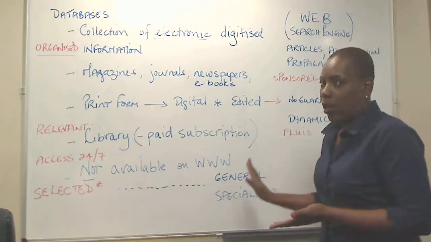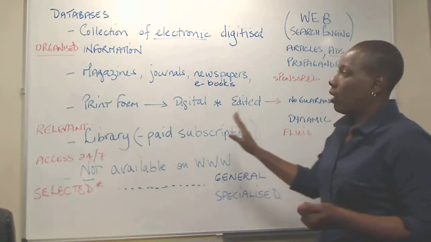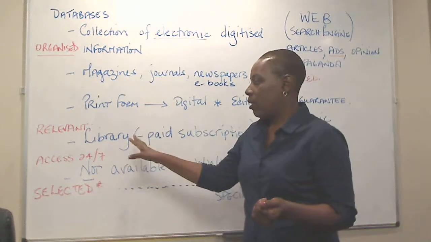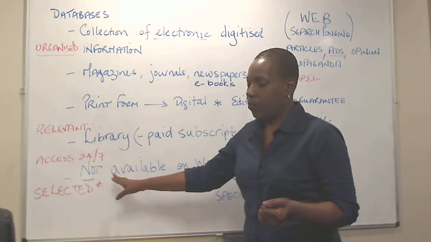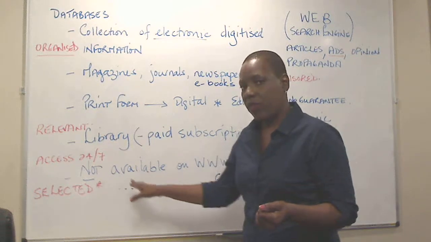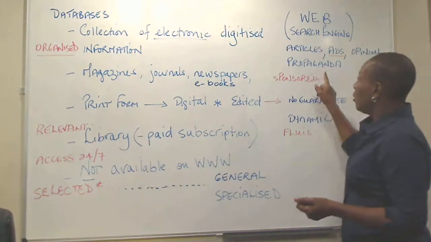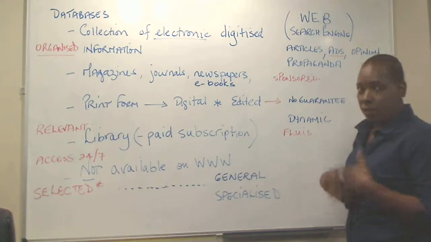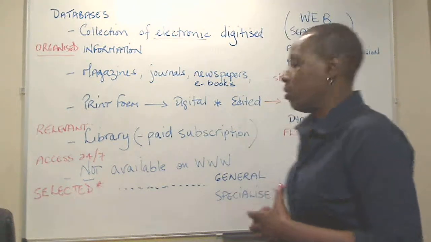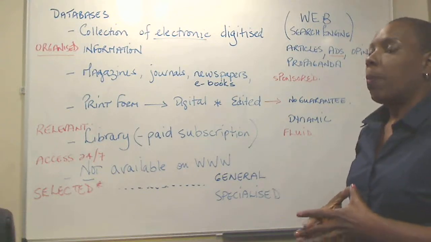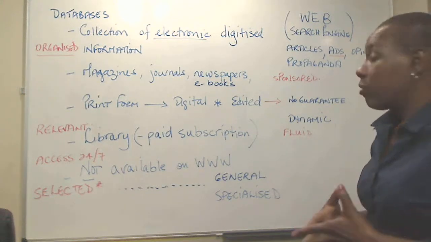As opposed to the web, remember, if we're talking about organized and relevance and access and selected for specific subject matter, the web would provide you with information, yes, but those articles are also flooded with ads.